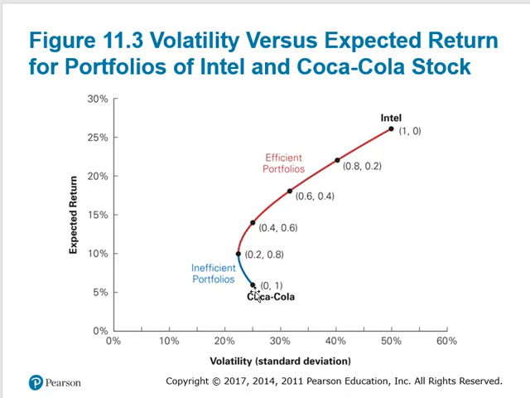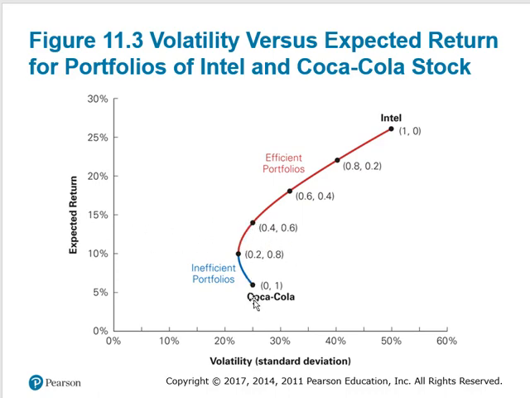But let's look at this point here. If you put all of your money in Coca-Cola, again, you roughly have about 25% in risk. However, if you go straight up, and again, this is a little bit off, if you put 40% of your money in Intel and 60% in Coke, you would have roughly the same amount of risk, but you would go from roughly 5% to about 14%.